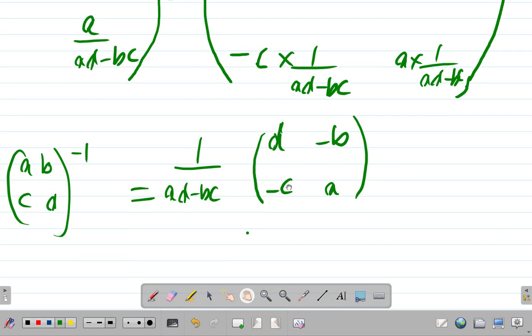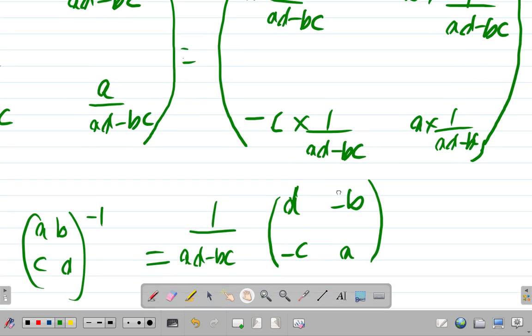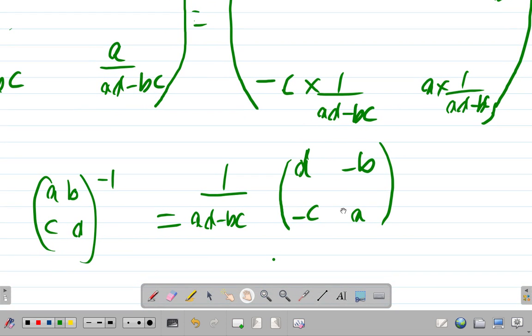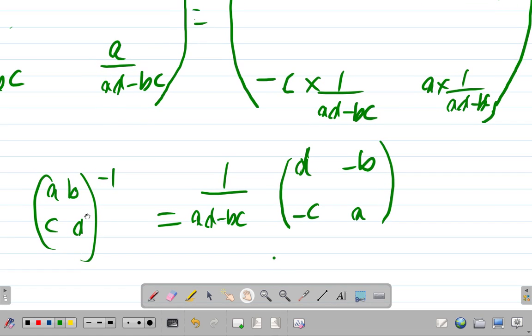D, minus B, minus C, A. We interchange A and D. So D, A comes down here, D comes up here. We change the sign of B and C. So, there we are. Very well done.